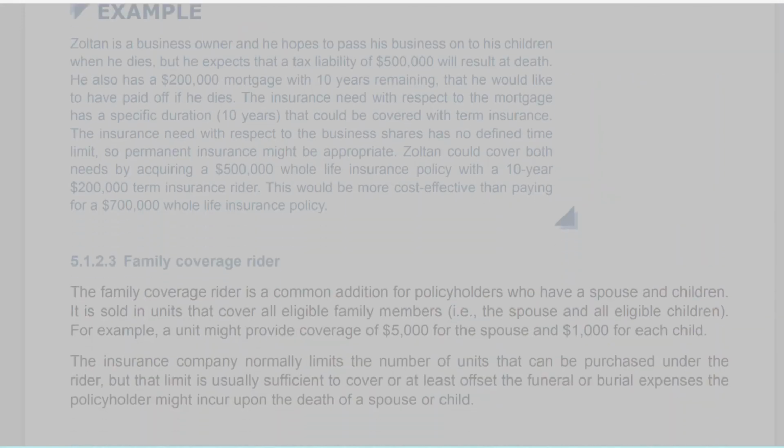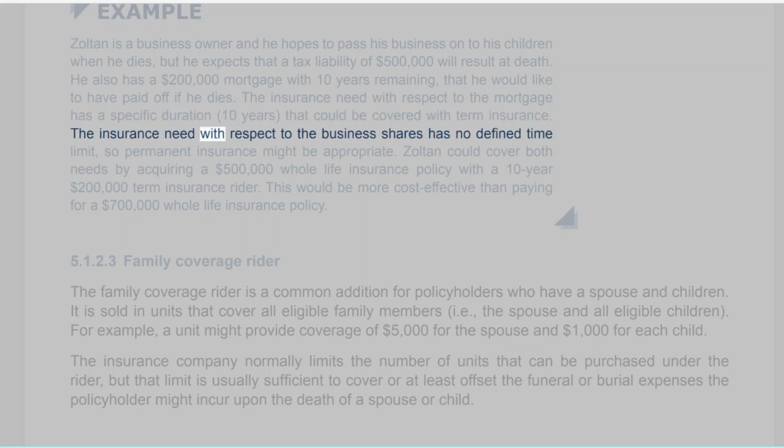Example: Zoltan is a business owner and he hopes to pass his business on to his children when he dies, but he expects that a tax liability of $500,000 will result at death. He also has a $200,000 mortgage with 10 years remaining that he would like to have paid off if he dies. The insurance need with respect to the mortgage has a specific duration, 10 years, that could be covered with term insurance.